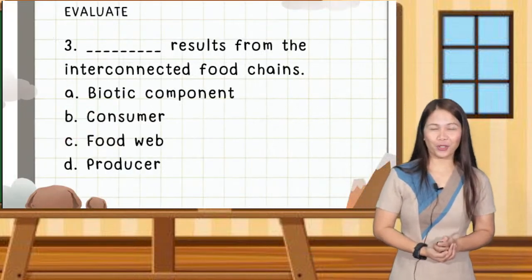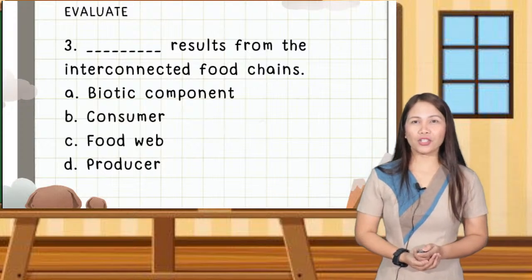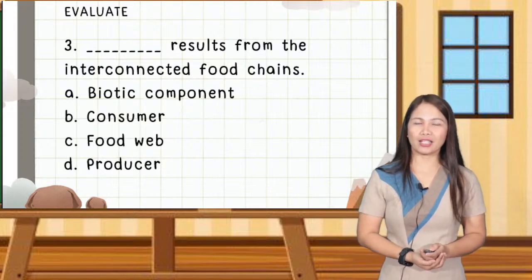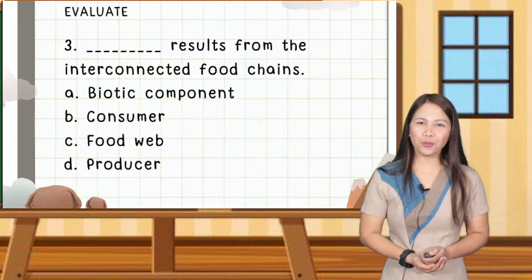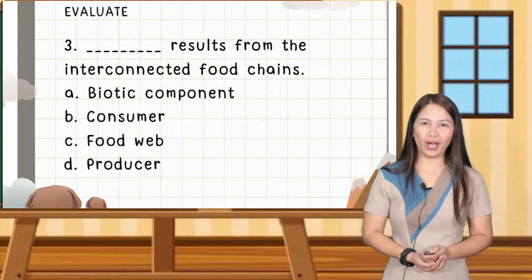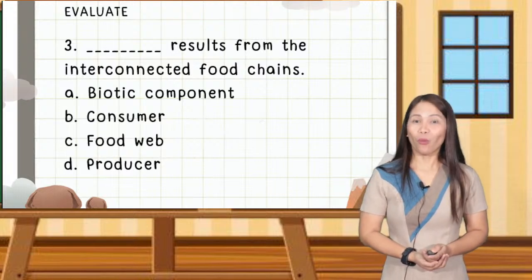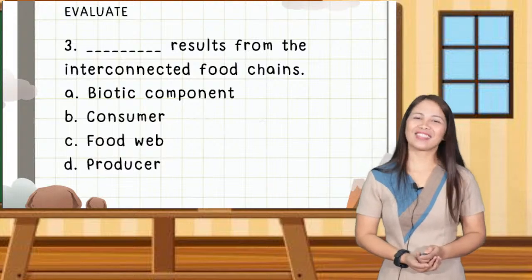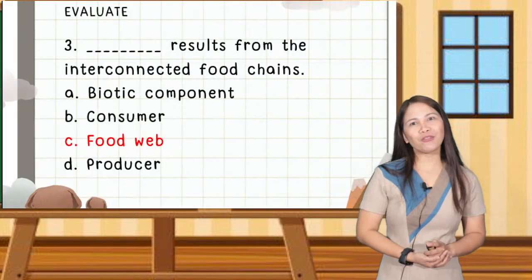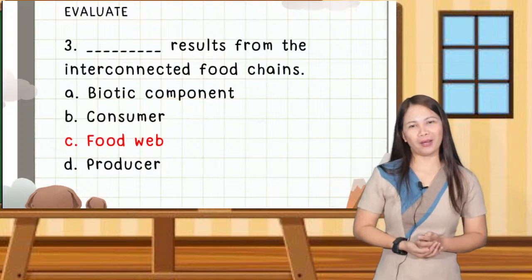This time for the third question. Blank results from the interconnected food chains. A, biotic component, B, consumer, C, food web, and D, producer. What is your answer? Answer reveal, we have food web.